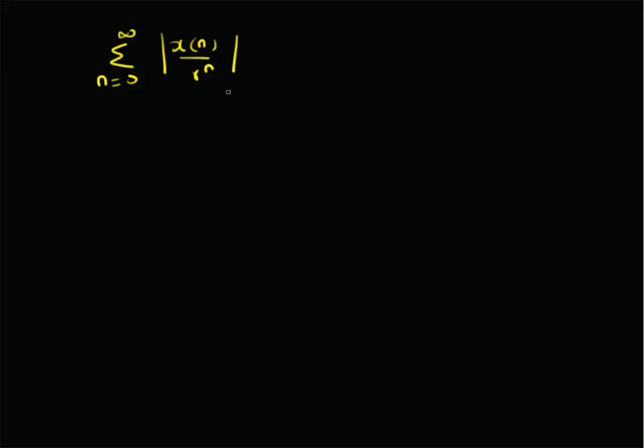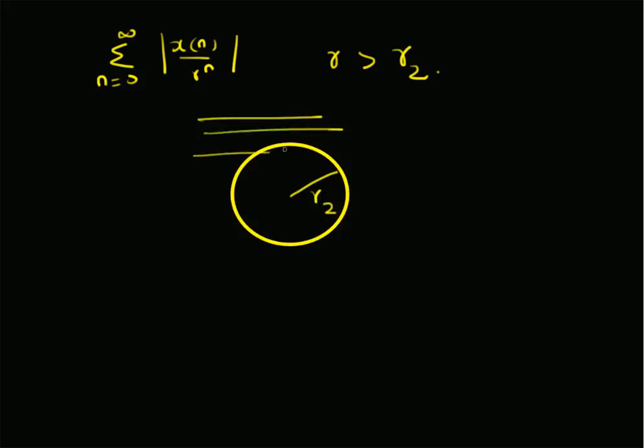That will be possible only for a region that is outside a circle of radius r2. So the region of convergence is basically the whole z plane outside the circle of radius r2. So the whole z plane outside is the ROC for this summation.